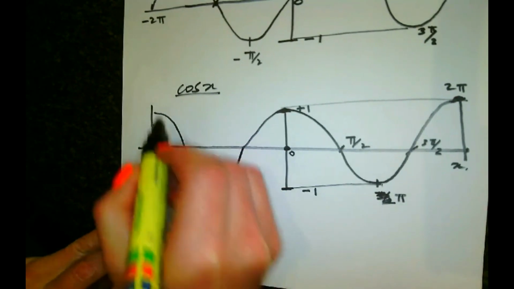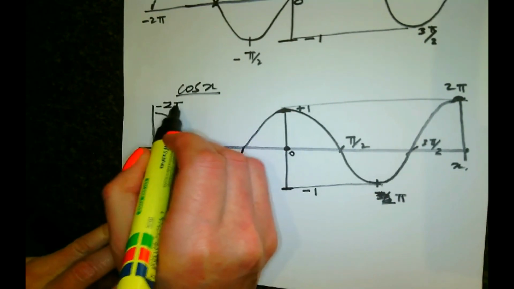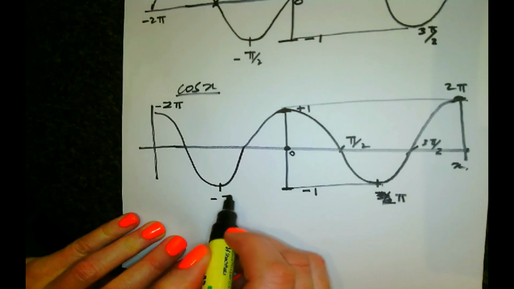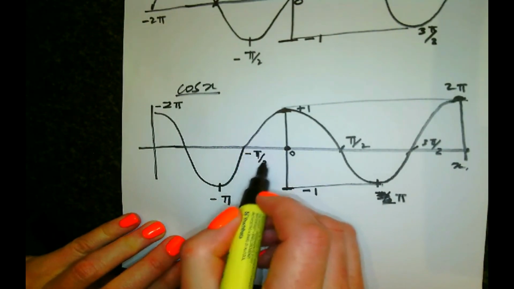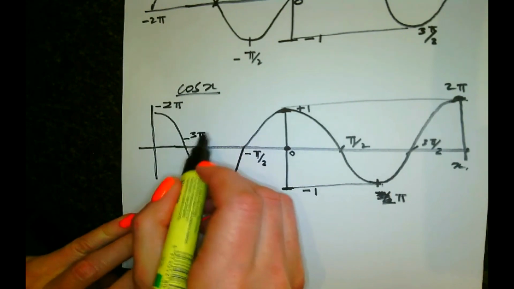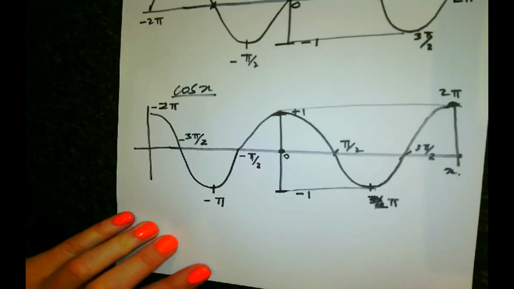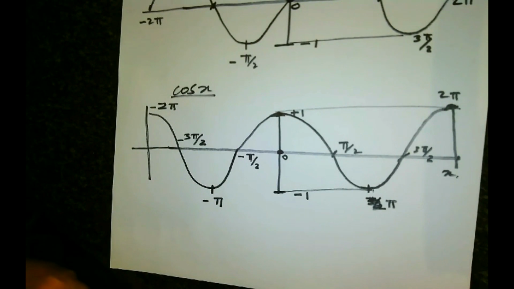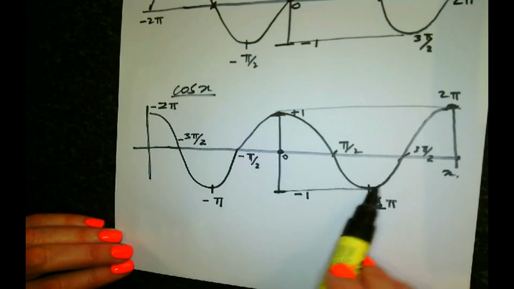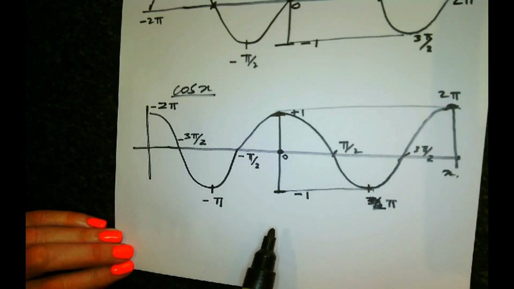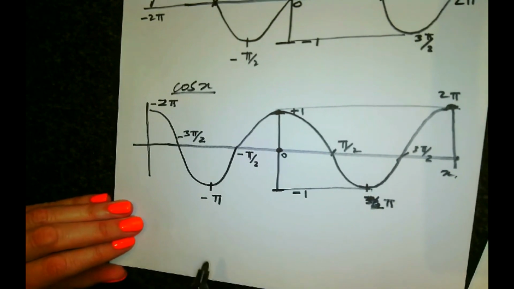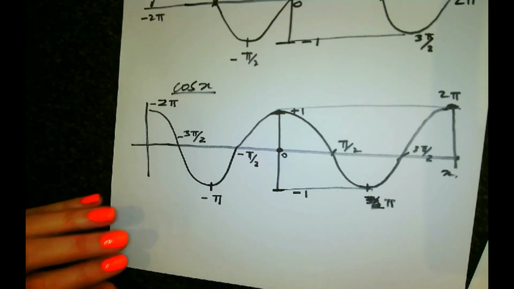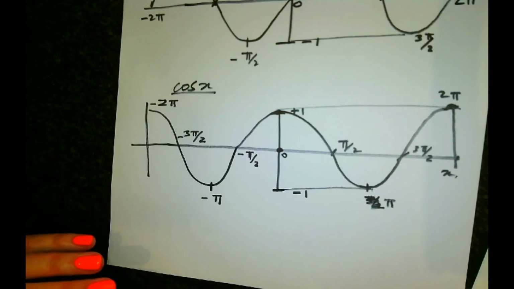And the same on the other side, minus 2 pi, minus pi, minus pi over 2, minus 3 pi over 2. So these two graphs you need to know the shape of, and you need to know the values at the specific points. The reason why we need to know this is because we're going to use this when we calculate integrals.